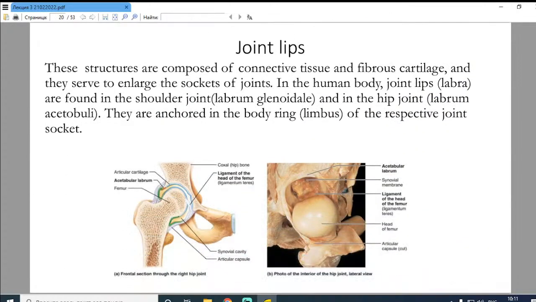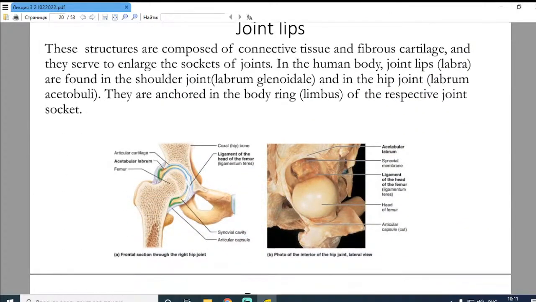Next, joint lips. These structures are composed of connective tissue and fibrous cartilage, and they serve to enlarge the socket of the joint.